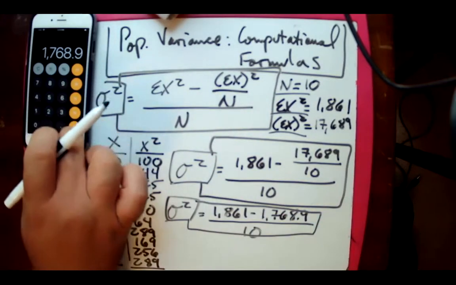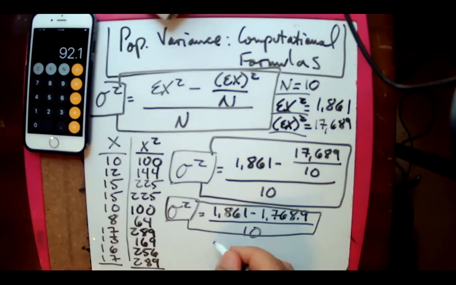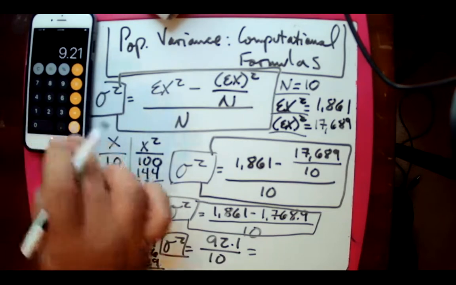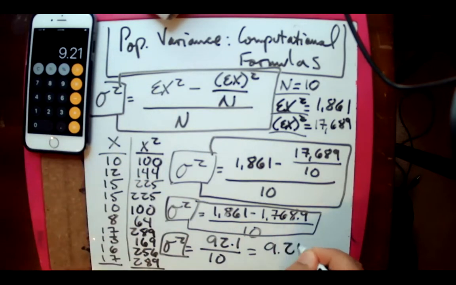Yeah. Okay, so we subtract across and we get 92.1. And then we're going to divide that by 10. So 92.1 divided by 10 gives us 9.21. So the population variance based on the computational formula is 9.21.